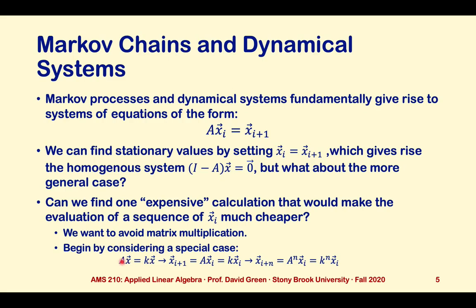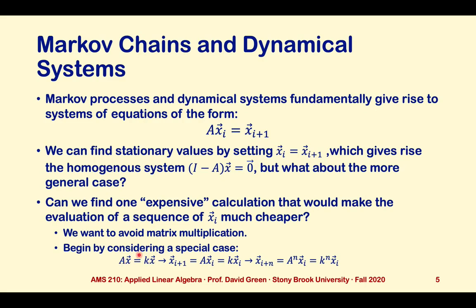That is, if there's an x where the effect of multiplying by A gives us a scalar multiple of the original vector. Certainly if k was 1, this would be equivalent to the homogeneous case, or the stationary case, but we're not requiring k to equal 1, just k to be anything.